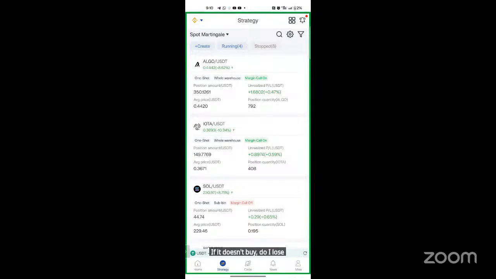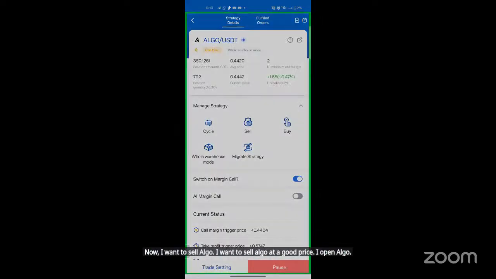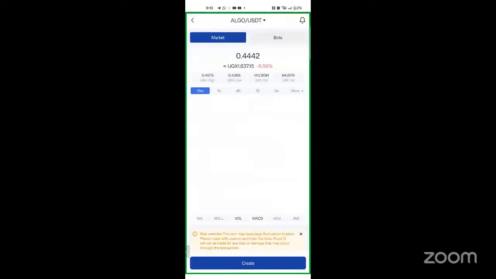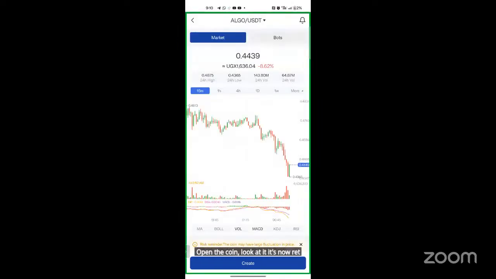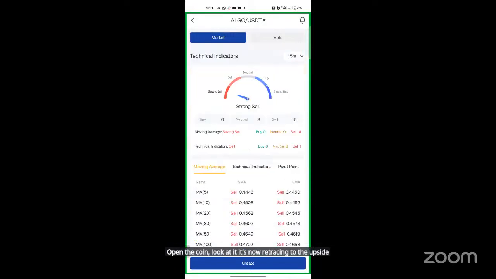Now I'm in profit here. Now, I want to sell algo. I want to sell algo at a good price. I open algo, open the coin, look at it. It's now retracing to the upside, and I want to sell it at a good price.